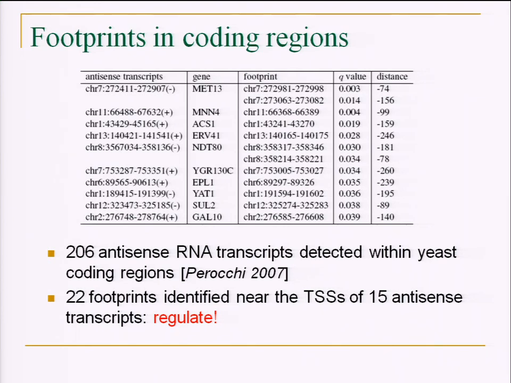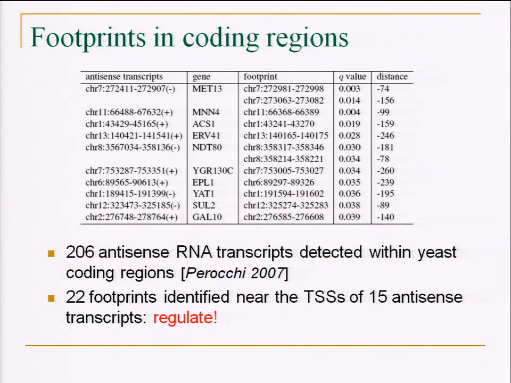And additionally, regulatory factors nearby at the top one. This column is the co-aging, where this transcript is located nearby, the Q value between the footprint and the distance.